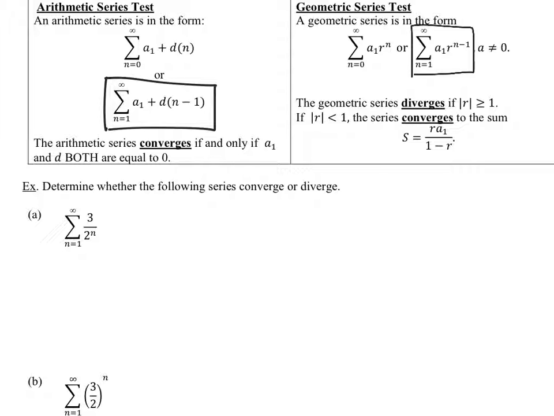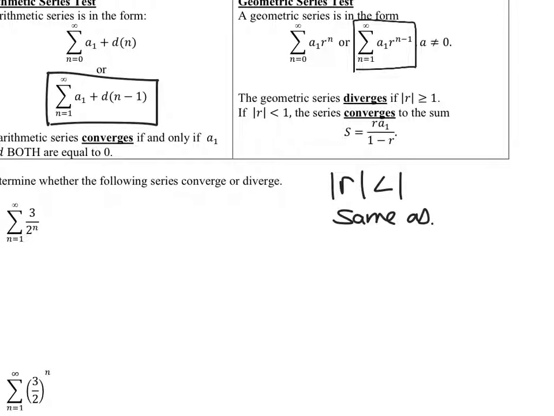Now let me just take a second and talk about what that absolute value of R means. This goes back to college algebra, algebra 2, whatever. This is the same as R being between -1 and 1.